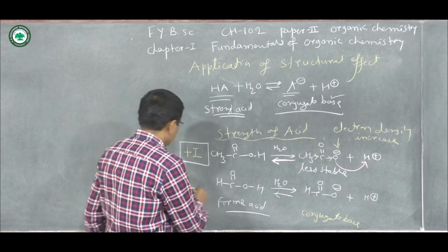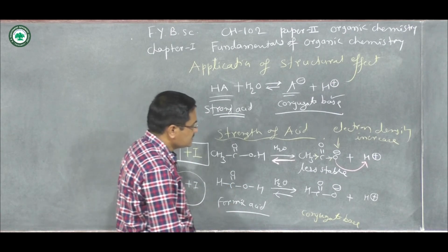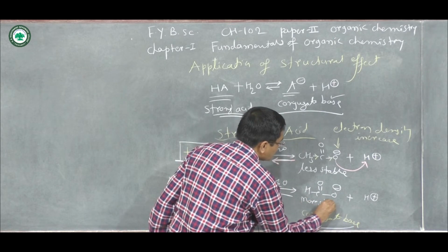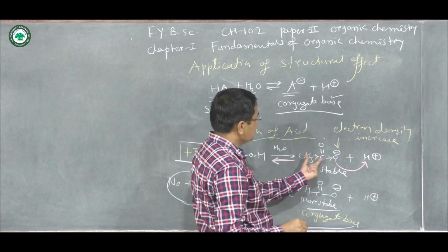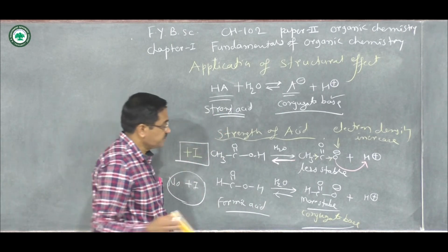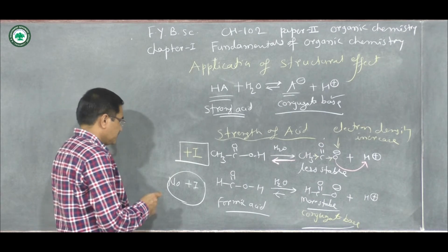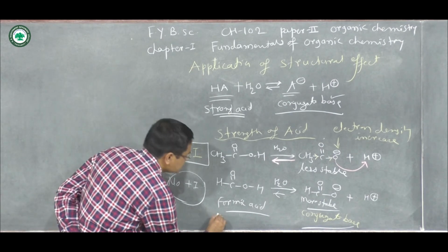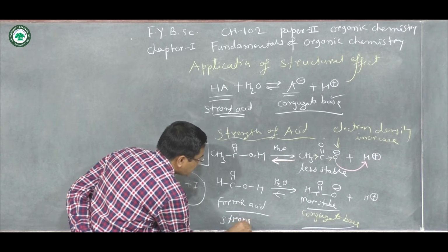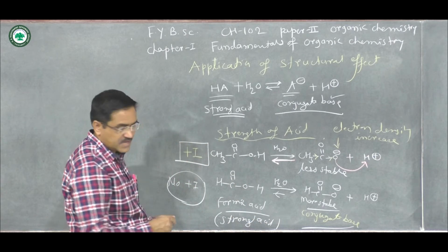Here there are no plus I or minus I effects, and hence this conjugate base is more stable as compared to this acetate ion, and hence this reversible reaction takes place less, and hence formic acid is a strong acid as compared to acetic acid.